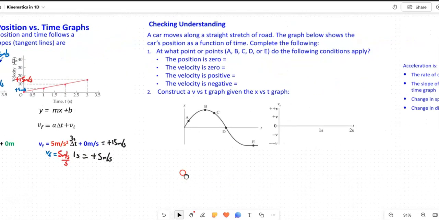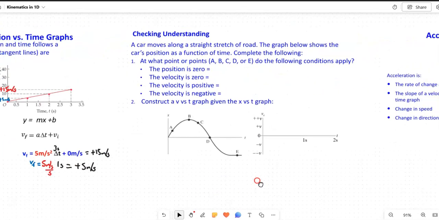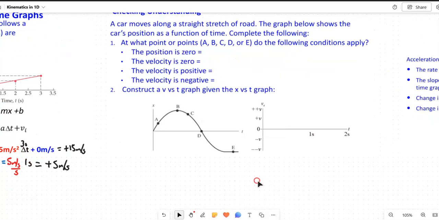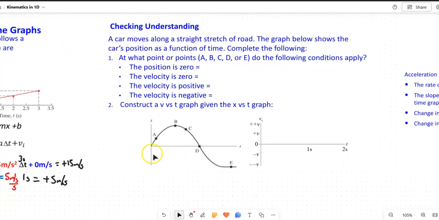So in order to do that, we want to do this next exercise. Okay, so in this next exercise, you have a position versus time graph, and this is a car driving, and it's driving here and it's curving here. So these are its positions over time. So you're supposed to identify positive slopes and negative slopes at each one of these points.